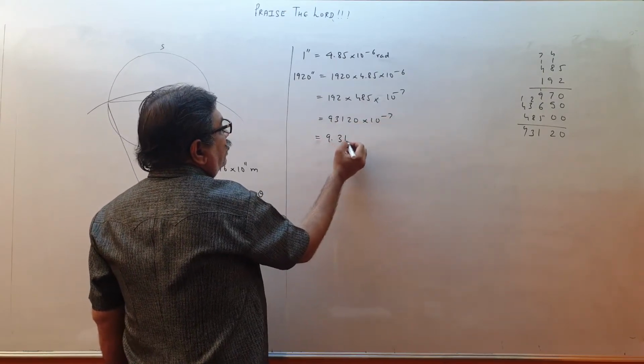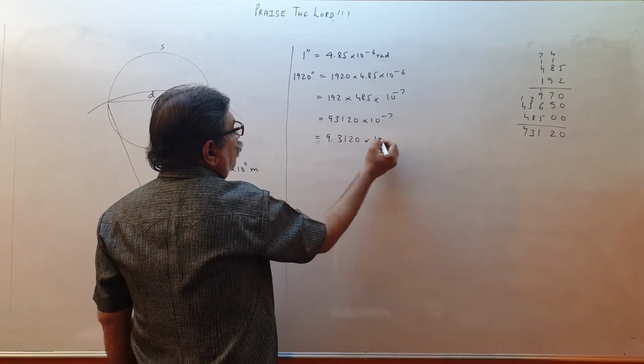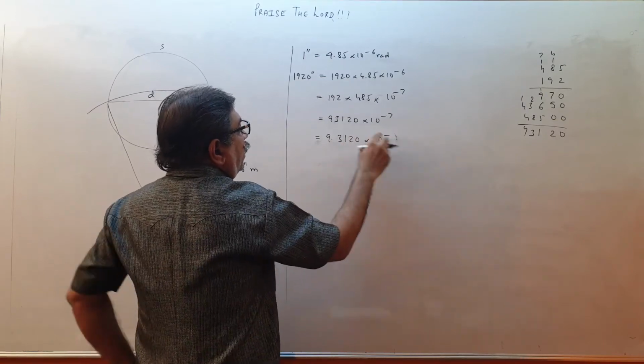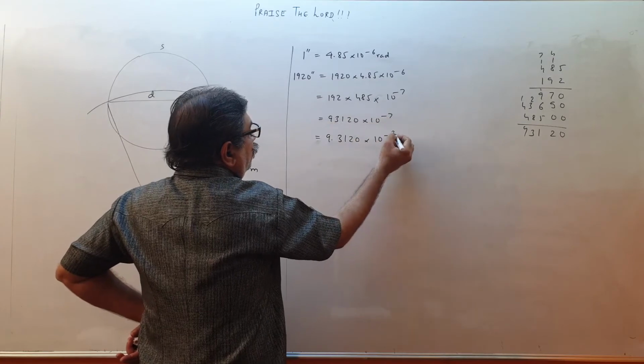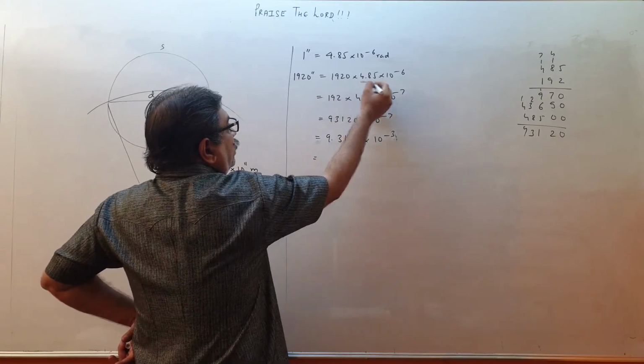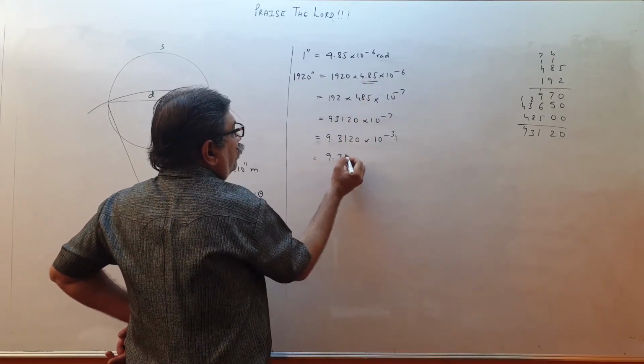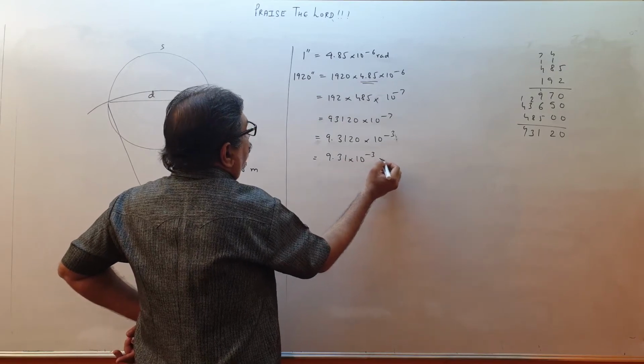So this is 9.3120, 4 decimals, so 10 raised to minus 3. I have taken 1, 2, 3, 4, so 10 raised to minus 3. And here there are only 3 places, so I keep it as 9.31 into 10 raised to minus 3 radian.